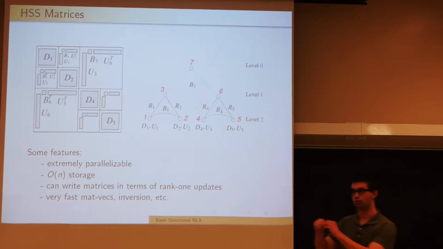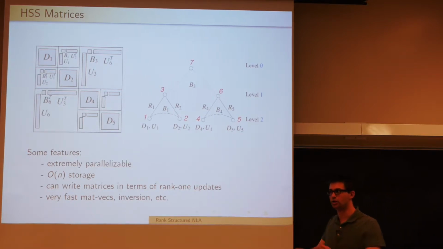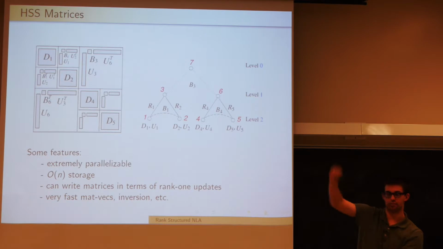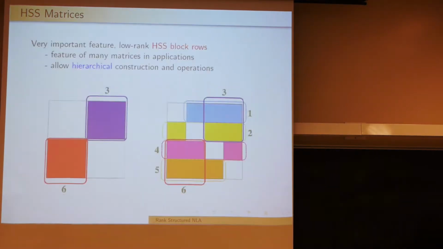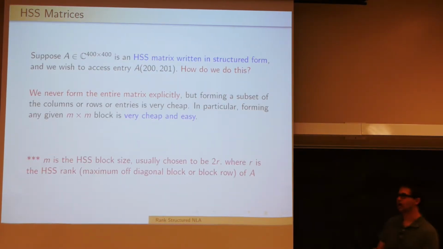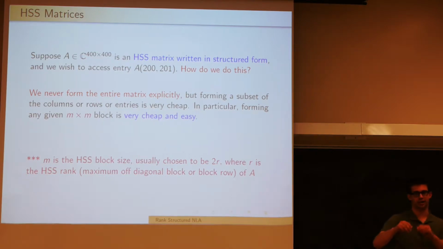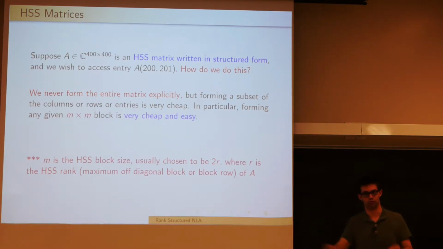If we only want a row of it, or a single entry, we modify the procedure, which I will show in just a second, taking only part of the submatrix, the generators up and down the tree. So let's take our example where we want only entry A200,201, right near the middle. And then I will extend that to if we want, let's say, the 200th row.